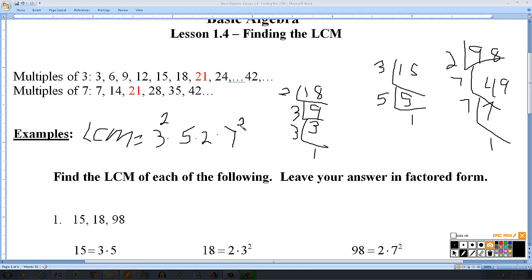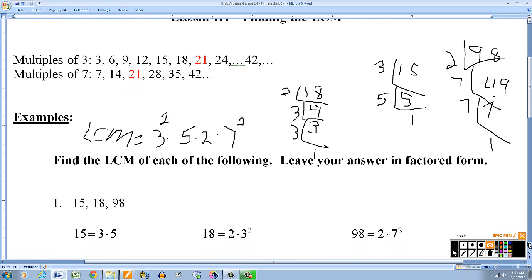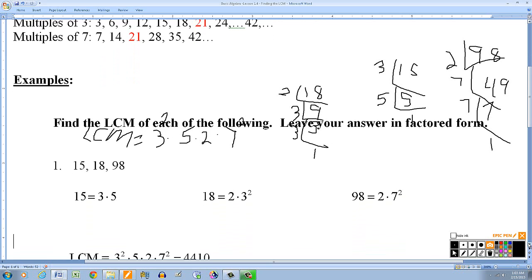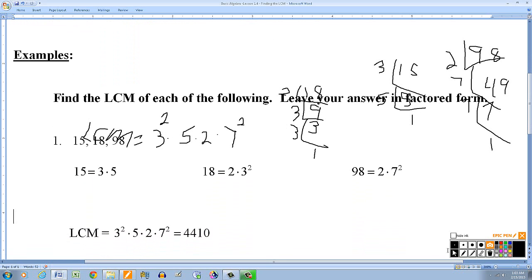Okay. You multiply these numbers out. So this is 3 squared, and on this one it says leave the answer in factored form, so this would be your answer: 3 squared times 5 times 2 times 7 squared. But if you multiplied it out, you would get this answer that I have over here. So notice it's 3 squared times 5 times 2 times 7 squared.